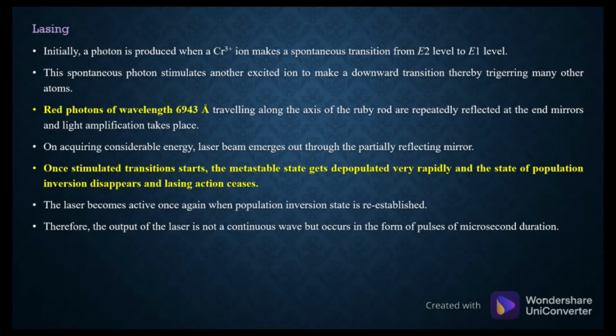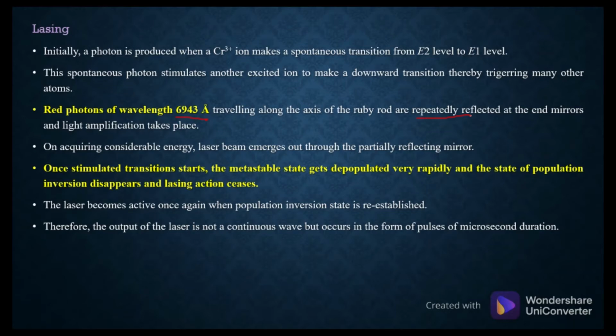Very importantly, we have to note that the red photons with the wavelength 694.3 nanometer or 6943 angstrom will be generated, and these will be constantly reflected between the end mirrors, and hence the amplification of the light will occur.